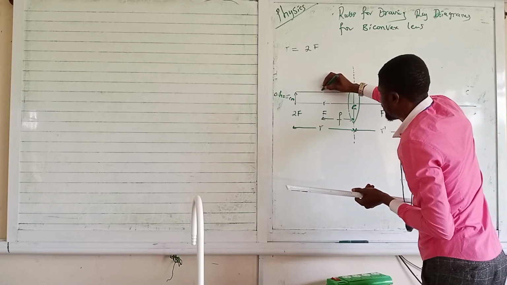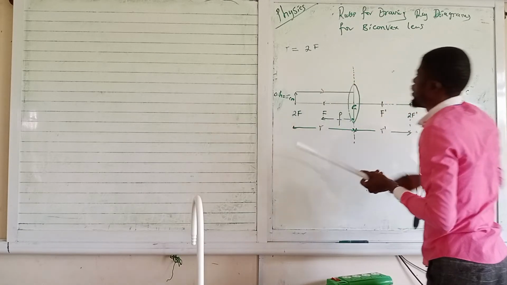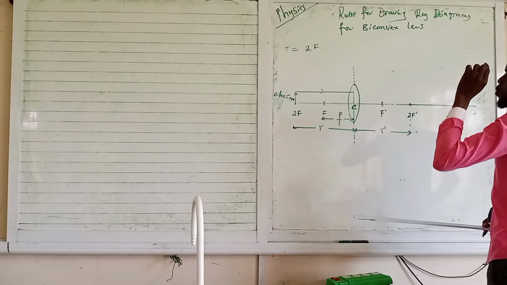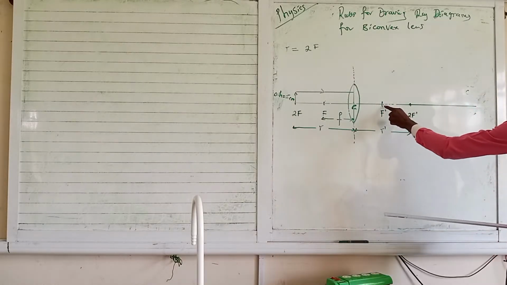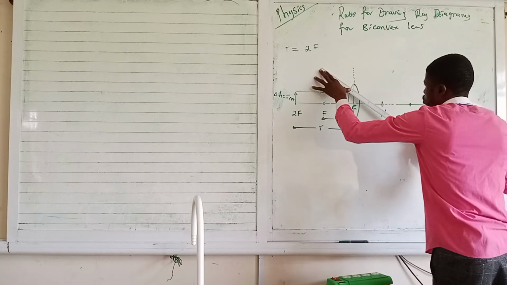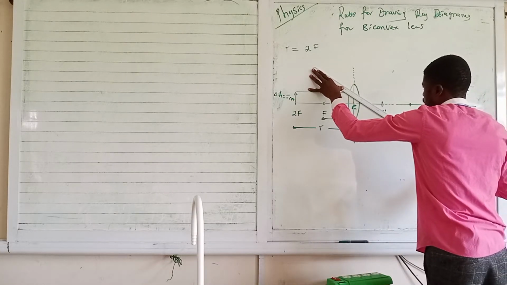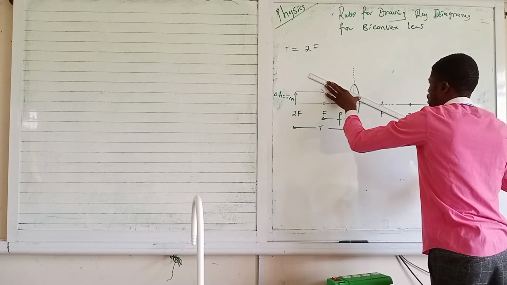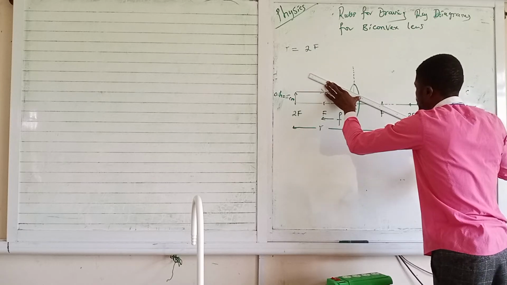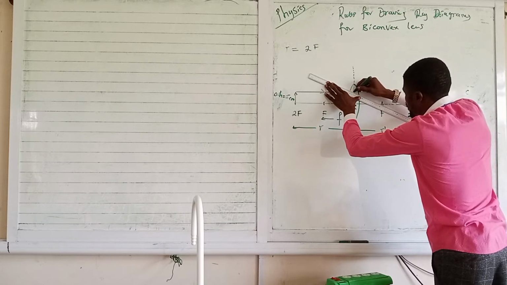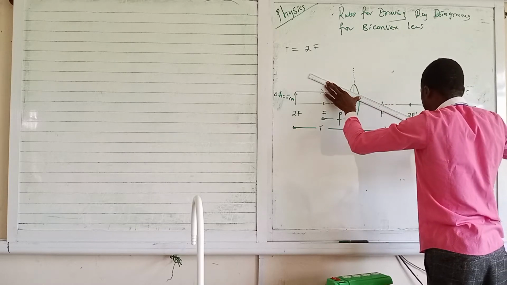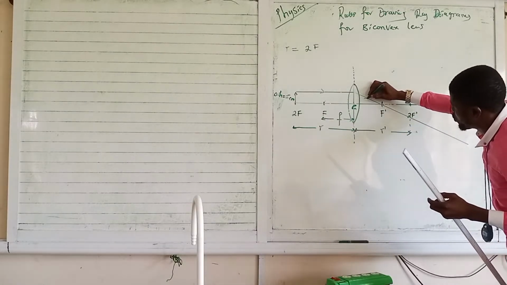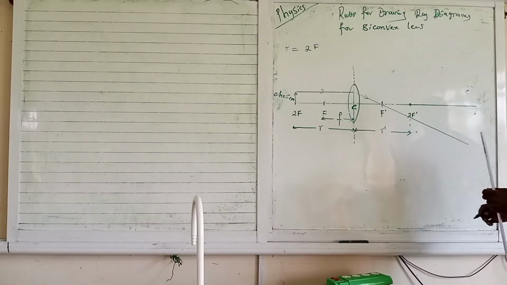As you can see, you must draw the arrow. After refraction, where must the ray pass? The ray must pass here, and so you position your ruler this way. After refraction, the ray must pass through F.